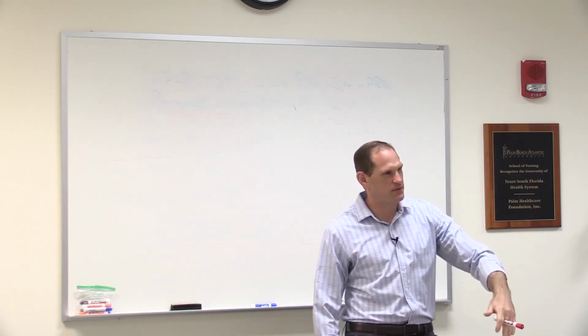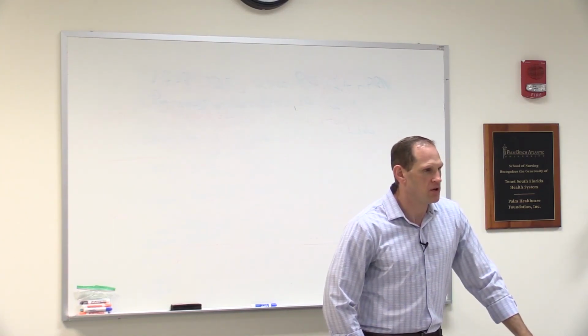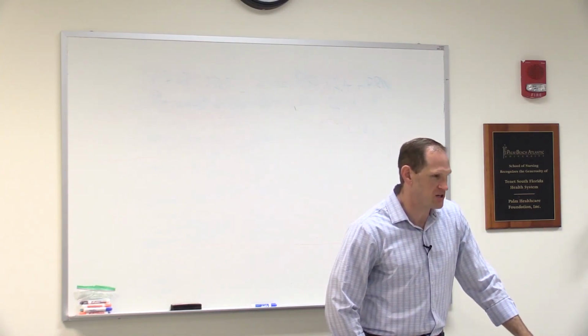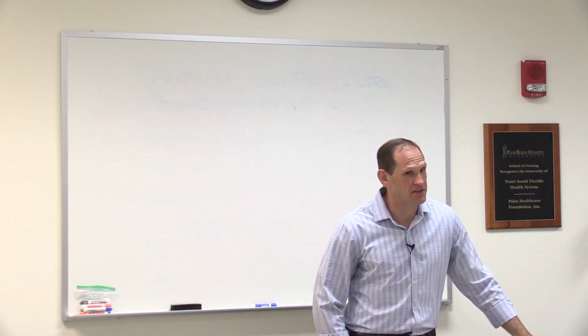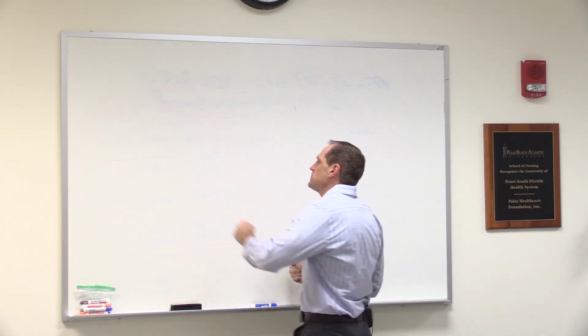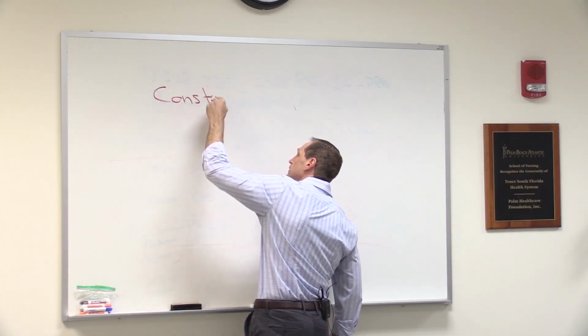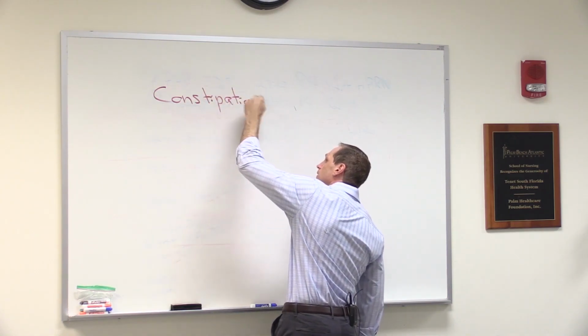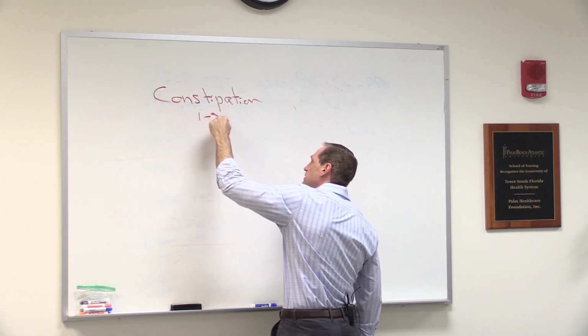All right, so now that we've talked about that, let's talk about large intestine. So the first thing we're going to do is constipation, everybody's favorite. So what is constipation? Generally speaking, constipation is defined as no bowel movements within 1 to 3 days.